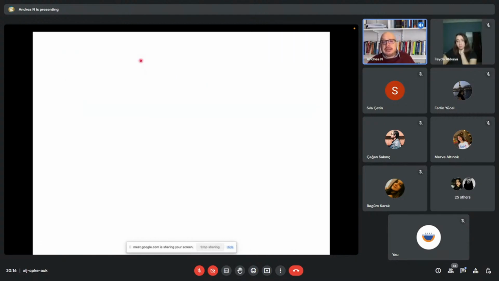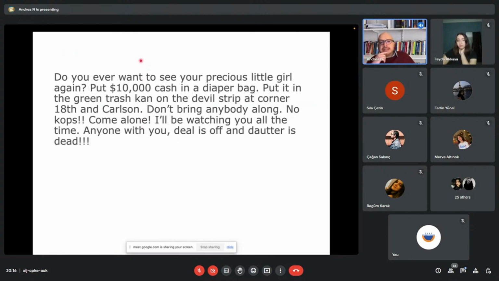So to give you an example of that, let's examine this note. I'm talking to a room of people that might actually be aware of this case, but I'll pretend that you know nothing about it. This is a ransom demand that was found by the parents of a girl who was kidnapped in the United States.